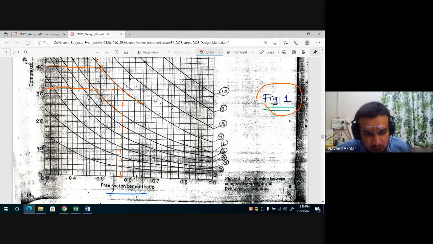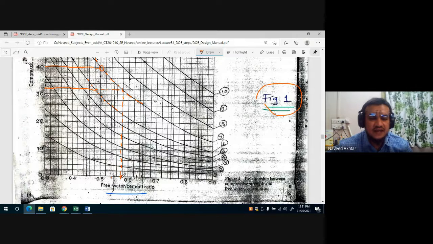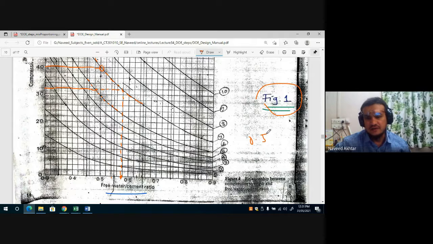You can say it is from 0.5, 0.51, 0.52, 0.53, somewhere between 0.52, 0.54, 0.56, in between 0.56 and 0.58. So the free water to cement ratio for my case will be 0.57.